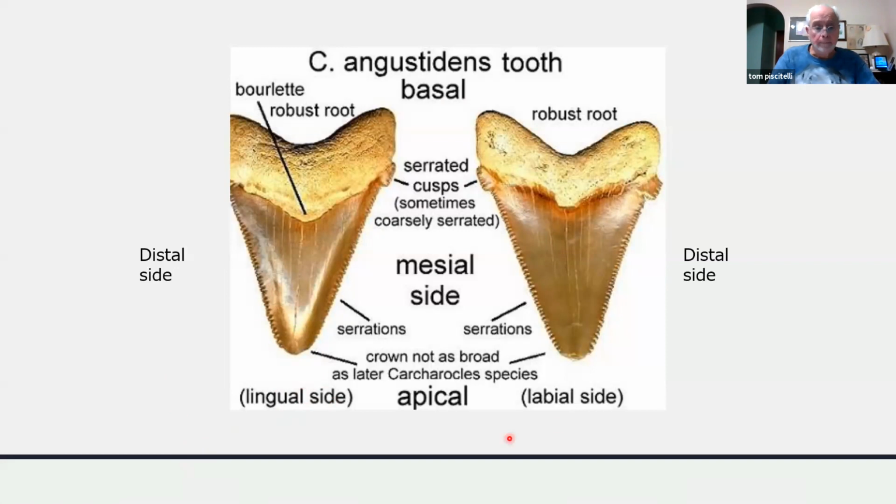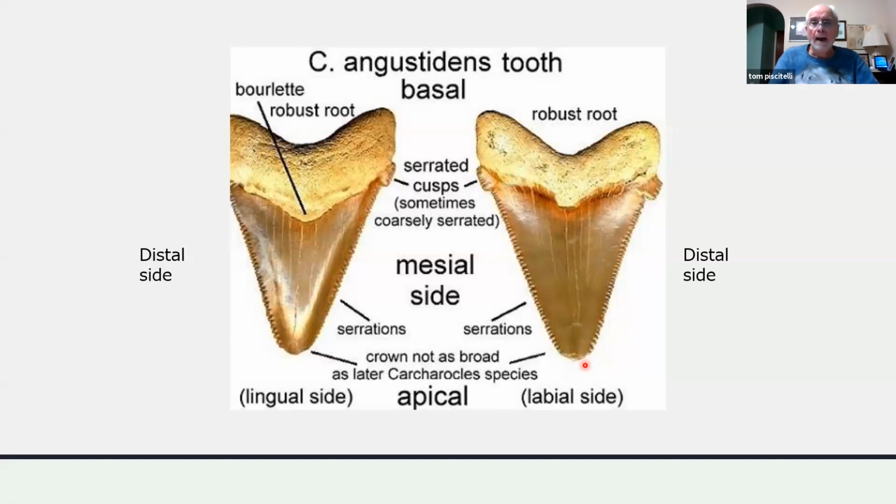On the right is the labial or display side, which you would see if a shark came at you. It has a flatter surface. The direction of each cutting edge faces is either distal or mesial. Distal means the cutting edge is in the direction of the corner of the shark's jaw. If the cutting edge is toward the midline of the jaw, it faces mesial.